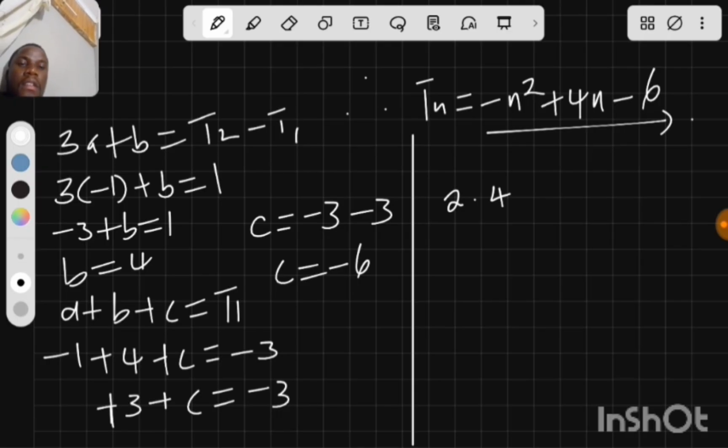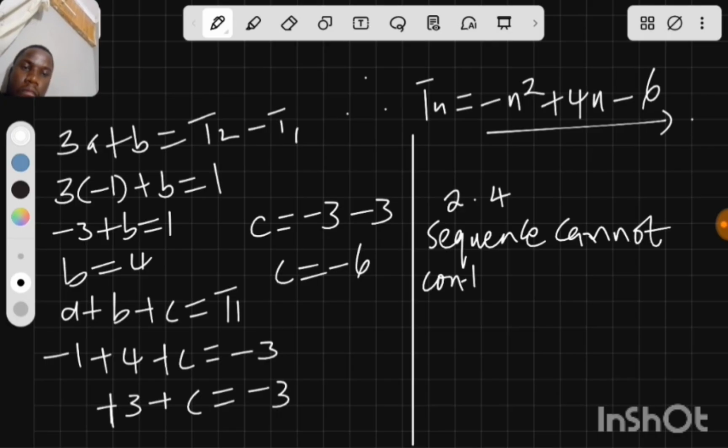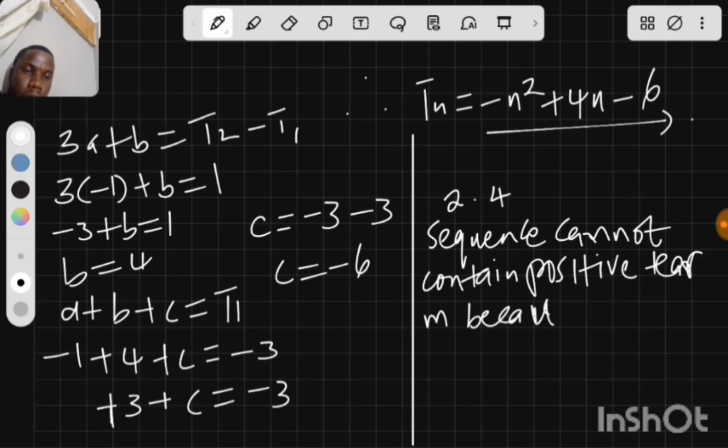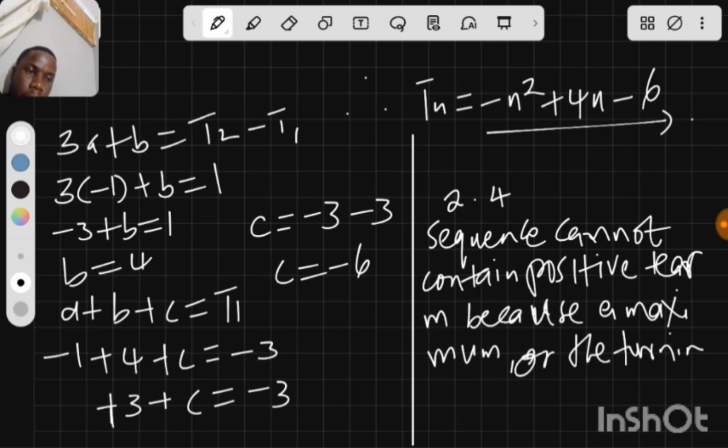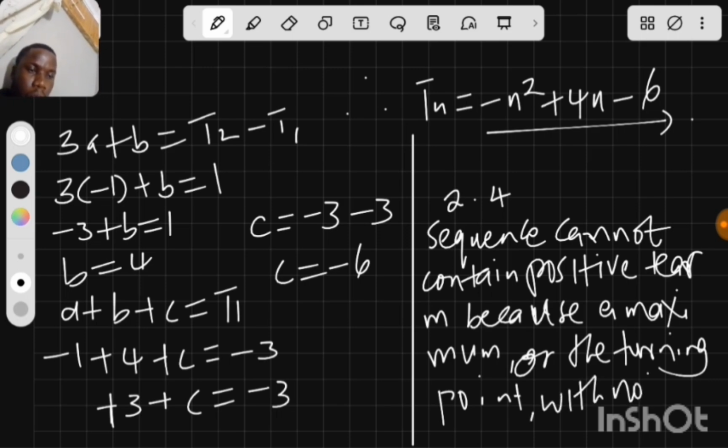Because a sequence cannot contain a positive term because of a maximum or turning point, with no positive term.